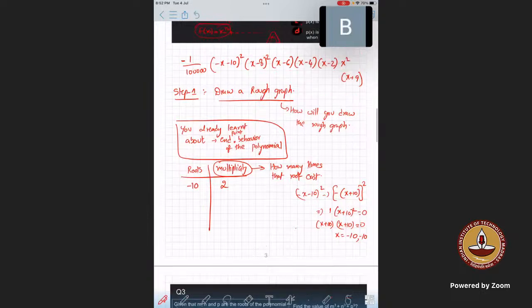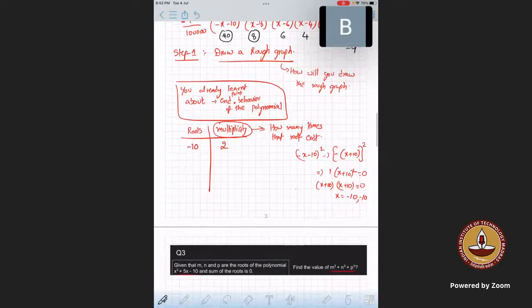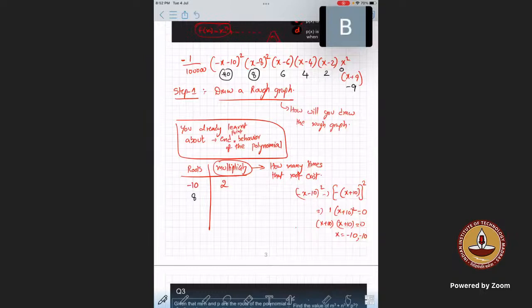And coming to the next, what is the next root? 8. I will write the roots here. Look here, it is plus 10, and it is 8. Root is 8. And here root is 6 and root is 4 and root is 2, 0 and minus 9. We are writing the same with multiplicity. What is the multiplicity of root 8?